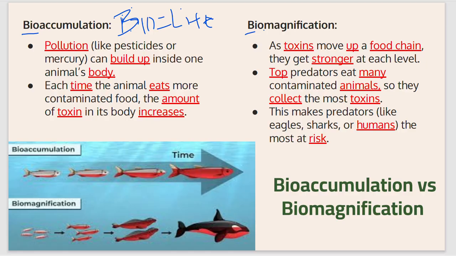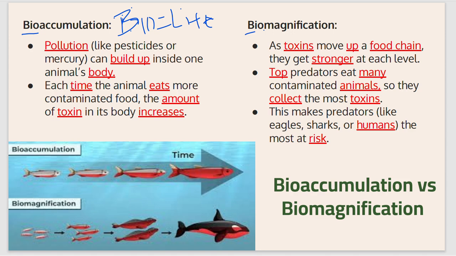So both of these have to deal with bio living. So bioaccumulation is what happens when pollution builds up inside of one animal's body. And this pollution accumulates, these toxins accumulate over time within this one organism's lifetime.